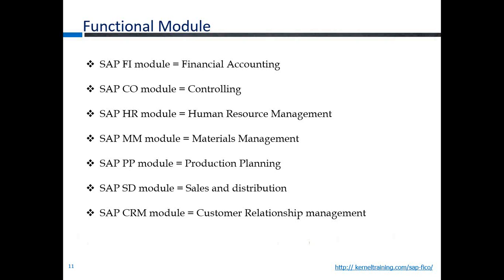Then the SD module, where billing, invoicing and delivery are done and the sales order is prepared. And then customer relationship management, which is more or less in coordination with the SD module.